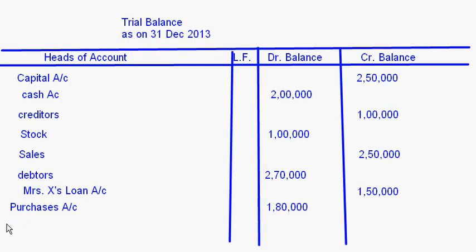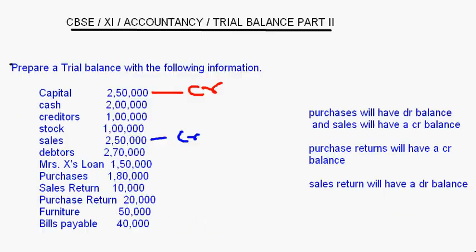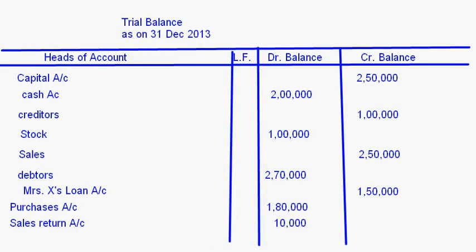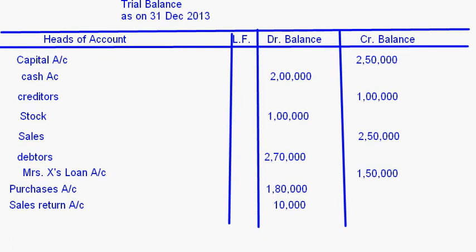So here we'll write sales return account. On the debit side it will be 10,000, right? Purchase return 20,000. It has a credit balance. So let's write here purchase returns account. The amount is 20,000. That goes into the credit balances, right?